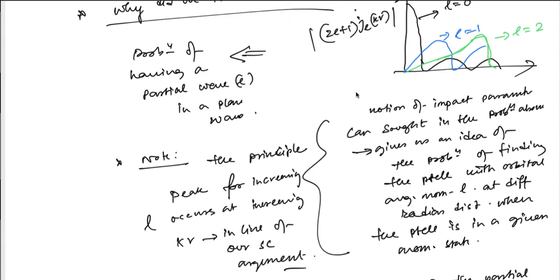That is the physical intuition behind this picture. And as you can see, the principal peak for increasing L occurs at an increasing kr. So this quantum mechanical picture is in line with the classical picture we have drawn.